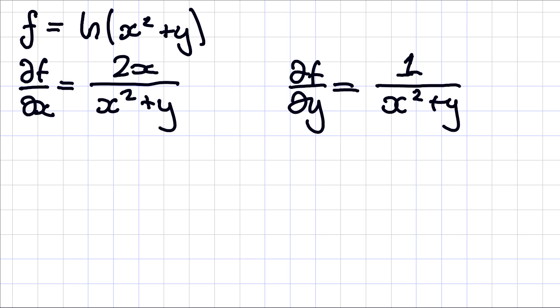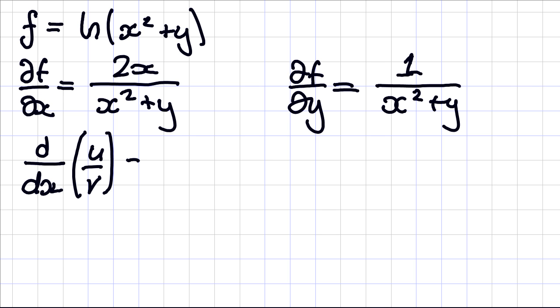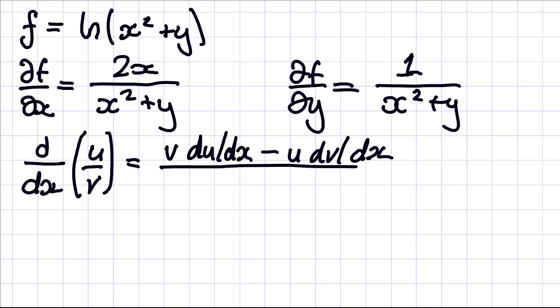Now to take second derivatives, at least for df dx, I'm going to need the quotient rule, which is that d by dx of u over v is v du dx minus u dv dx all over v squared.